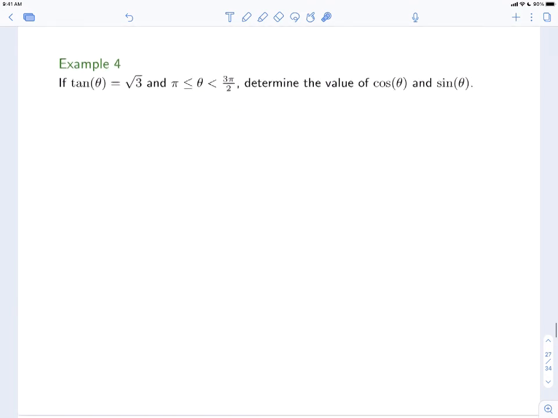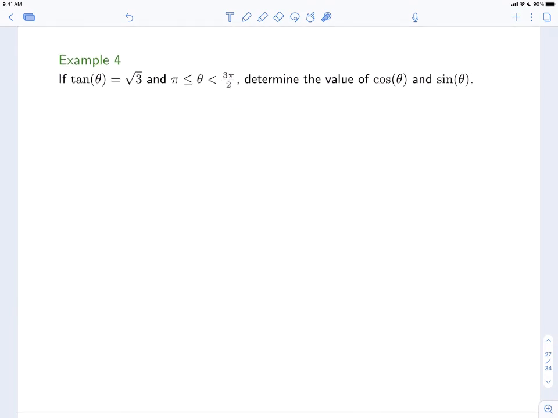Let's do another example. If tangent of theta is the square root of 3, and theta is between pi and 3 pi over 2, determine the values of cosine and sine. Well, this information on theta tells you which quadrant you're in. So let's draw a little circle here, and let's draw our x and y axes.